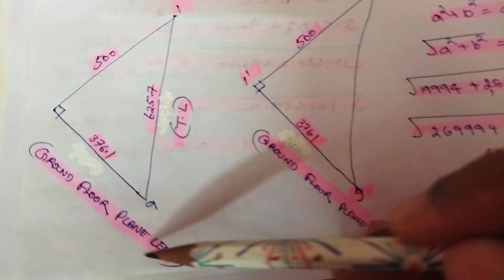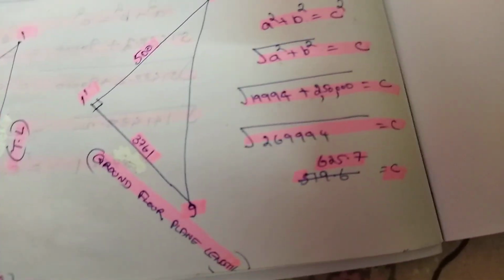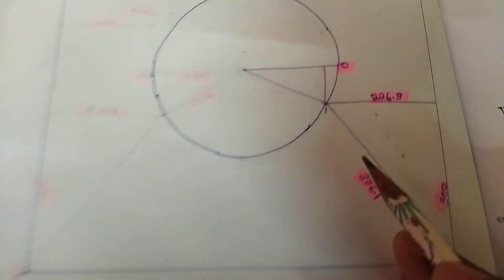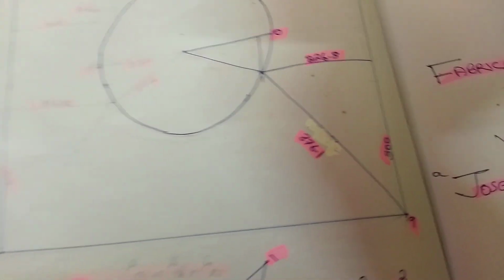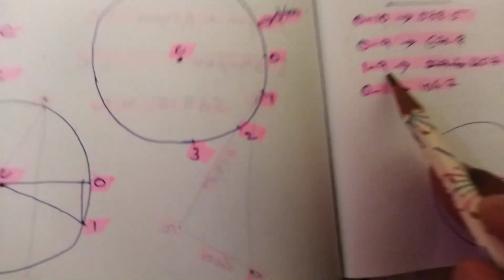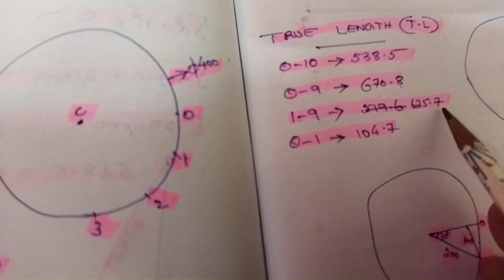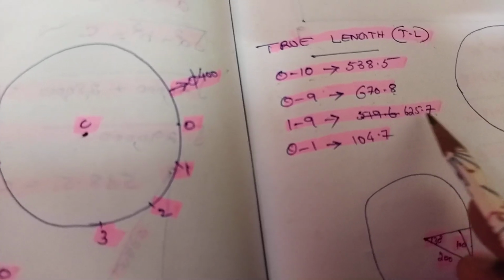So what is this 625.7? That is the true length of 9-1. So we got most of the true lengths. 9-1, its true length is 625.7.